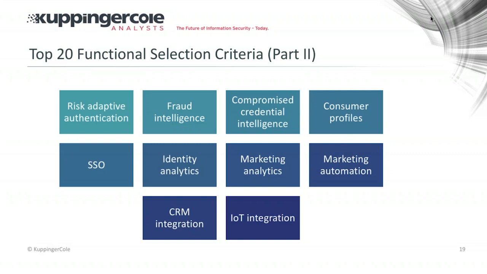Then there's also the concept of storing the user information in a profile. What kinds of information can be stored there. And the need to do single sign-on across multiple web properties. There are two different kinds of analytics, both identity and marketing, which can be used to drive marketing automation.